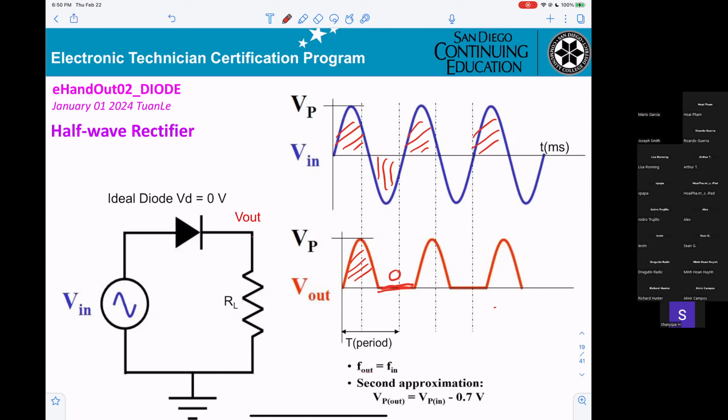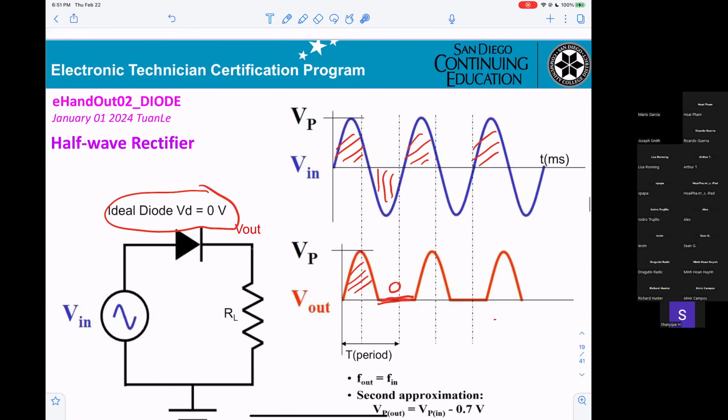However, that's what they said right here: VD equals 0. However, we're working with what they call a second approximation here. That means the diode will be 0.7. So if you're drawing the right one, when you get a positive, the diode is on.